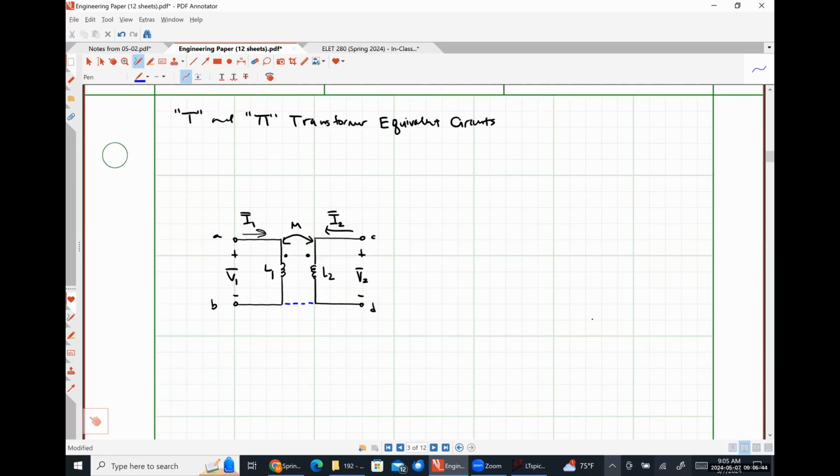So our first equivalent circuit, I'm going to draw up here to the top right, okay? So here's A, here's B, I'm going to call this inductance Lx.